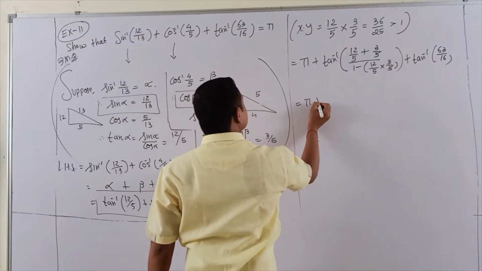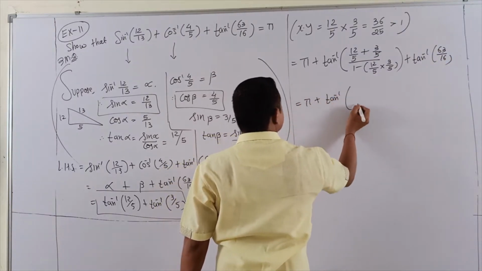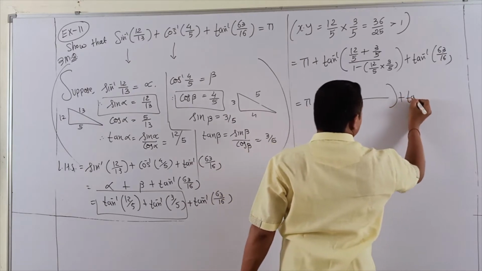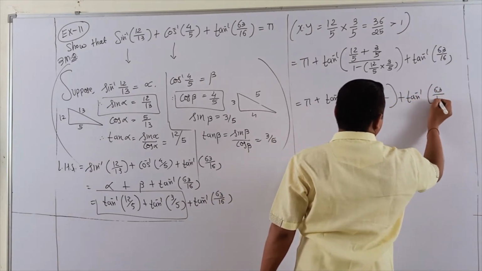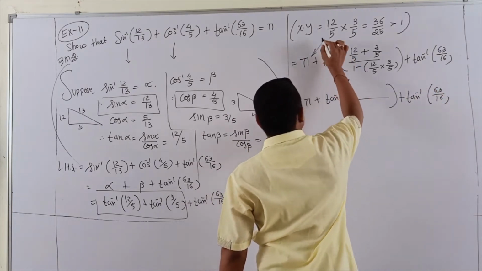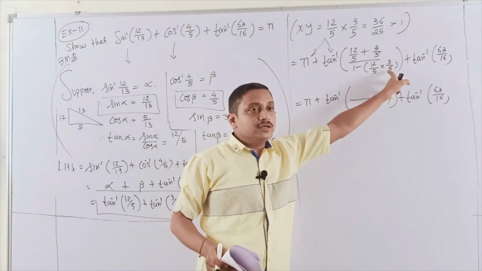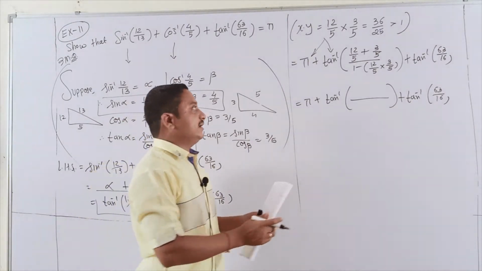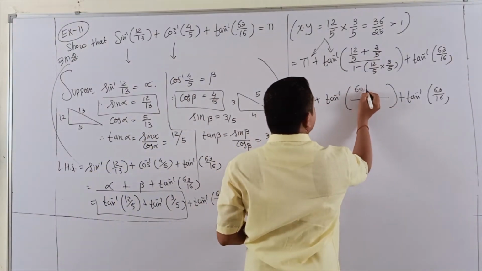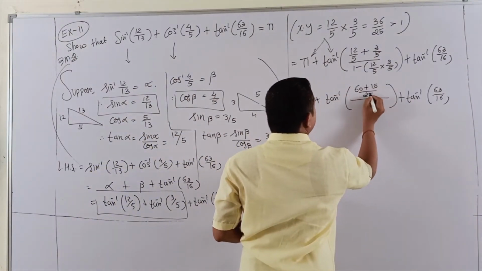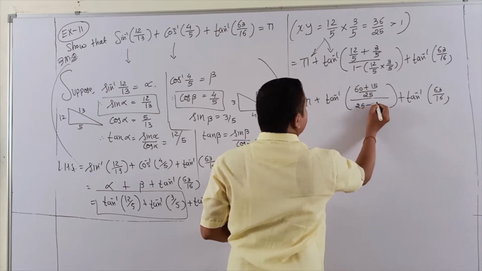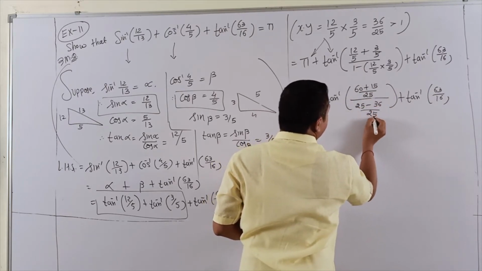Now happily done. What are you taking, the LCM? 63 by 16. This is proper here. Now what is the LCM? 5 and 5 here? Yes, it is 25. So 12 times 5 is 60, and 5 times 3 is 15 by 25. Similarly, 25 minus 36 by 25.